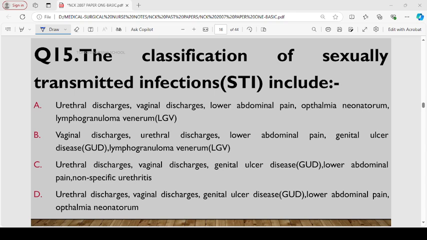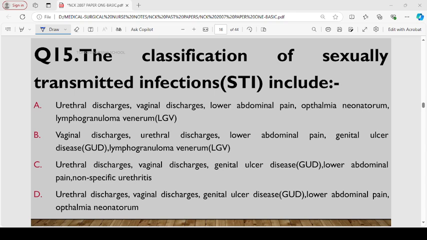In this option, you find ophthalmia neonatorum has been classified as an STI in adults, and this makes it incorrect, right?